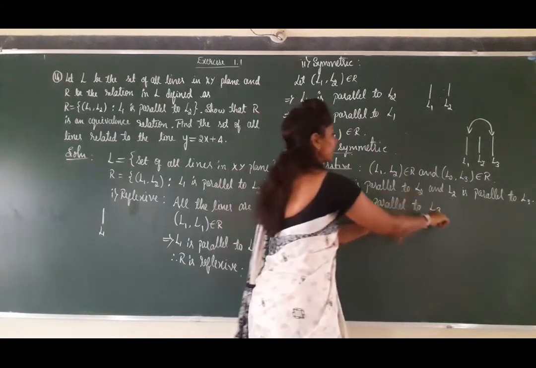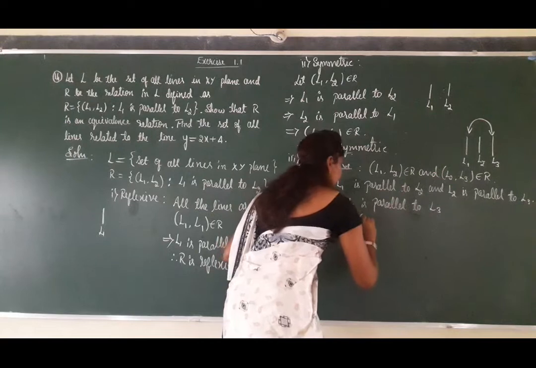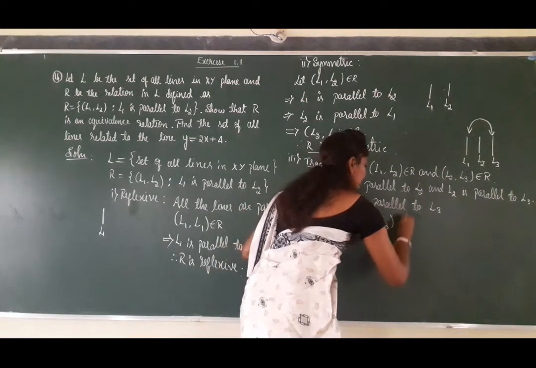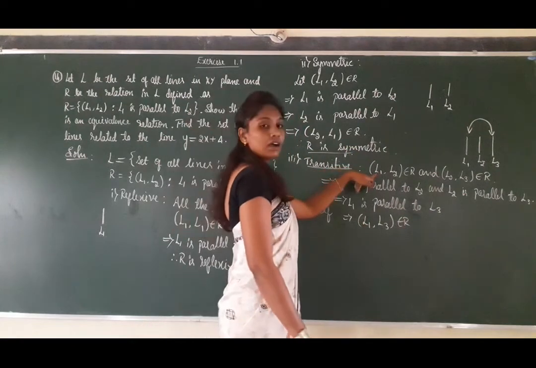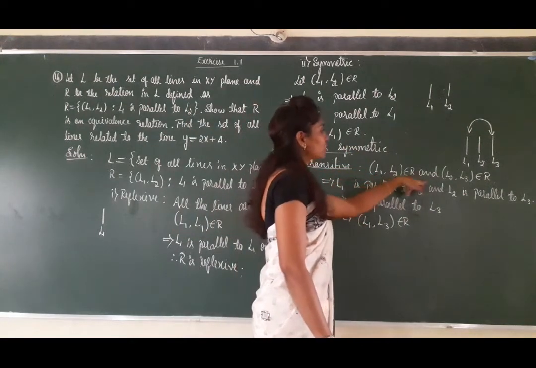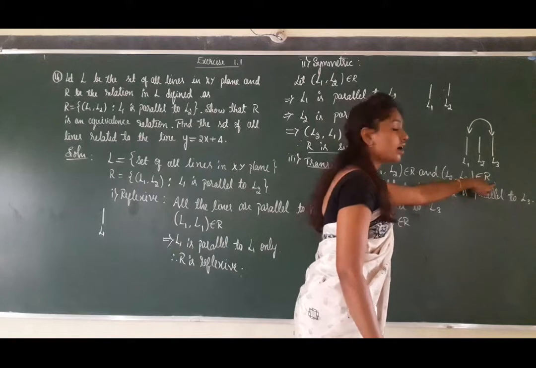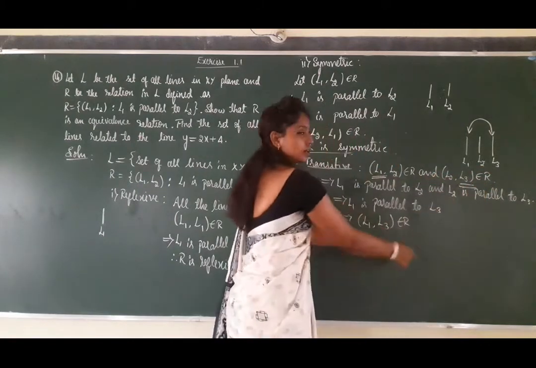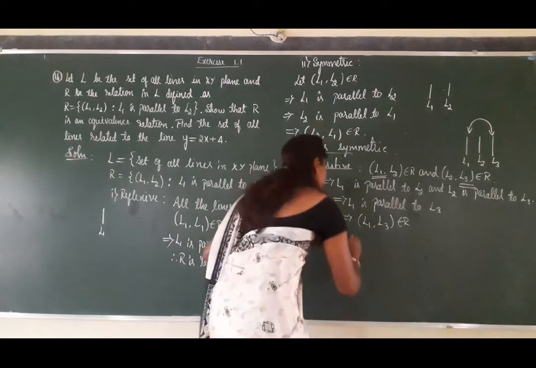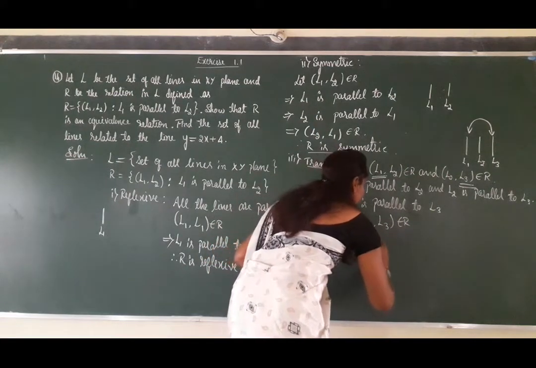L1 parallel to L3 means ordered pair L1, L3 belongs to R. First, I am taking L1, L2 belongs to R and L2, L3 belongs to R. Then we proved L1, L3 belongs to R. Therefore, R is transitive.